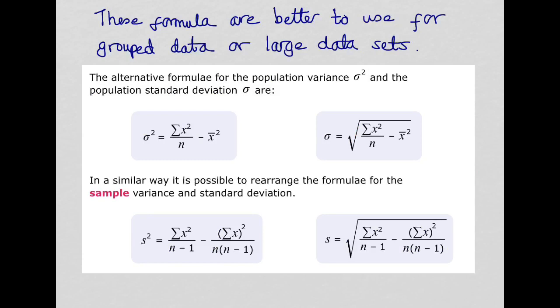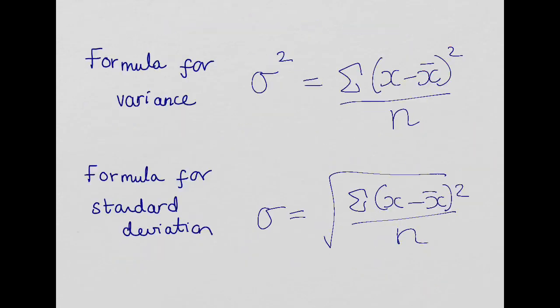Okay, so there are some more formulae. They do exactly the same thing: variance and standard deviation for samples. Why you would use these ones over the other ones is because they're a lot easier to use. With the previous ones, back here, you have to subtract the mean from each value and then square it.